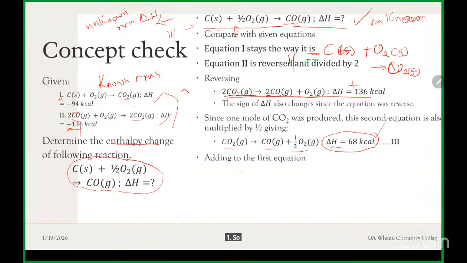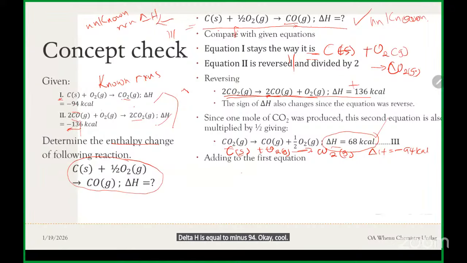If we add equation 1 to this equation: carbon solid plus O2 gas going to CO2 gas, delta H is equal to minus 94 kcal.